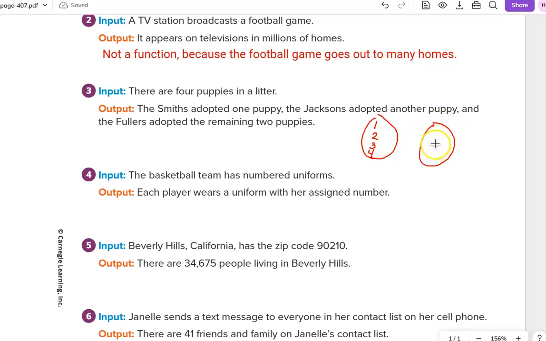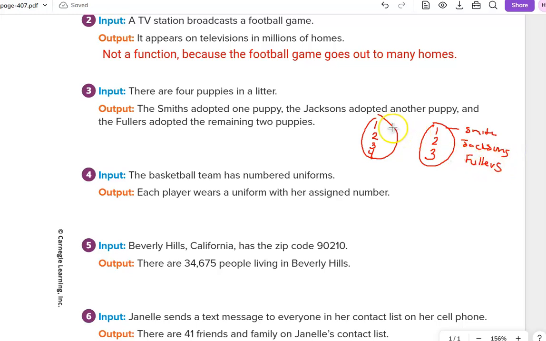Okay, now it's going to go to home 1, home 2, home 3, right? So we have the Smiths, then we have the Jacksons, and then we have the Fullers.